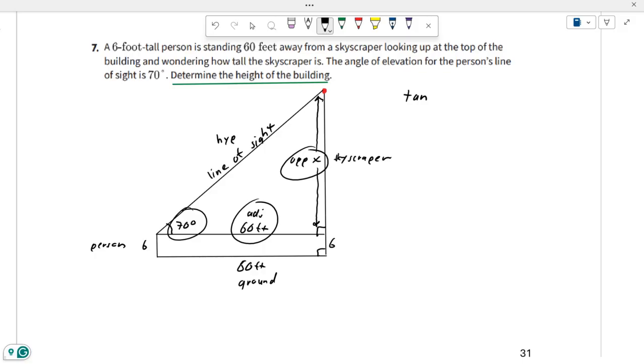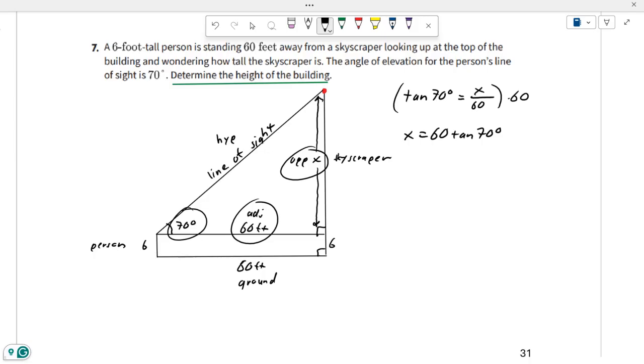Because the definition for tangent is opposite over adjacent. So the tangent of my angle, which is 70 degrees, equals opposite, which is x, over adjacent, which is 60. I want to get x by itself, so I multiply everything by 60 and flip it around. So x equals 60 tangent of 70 degrees.